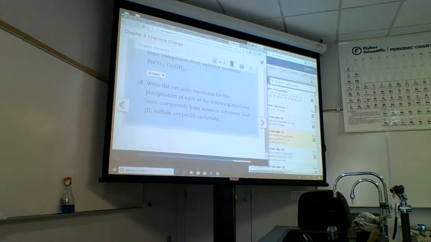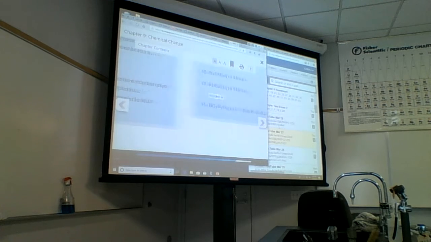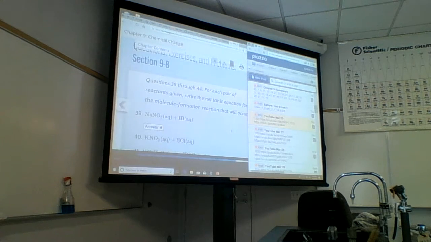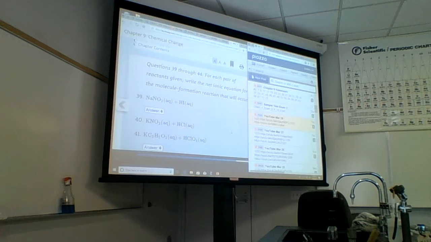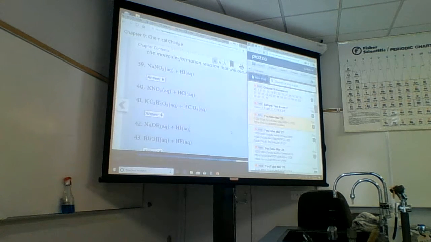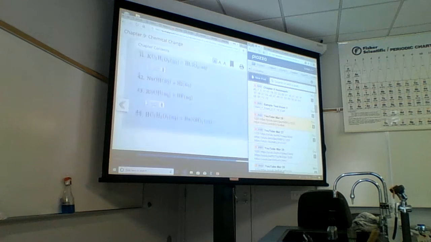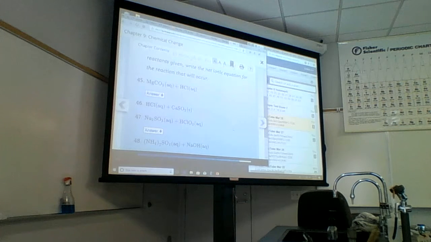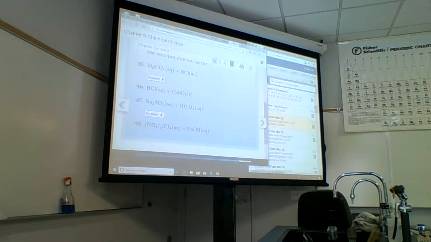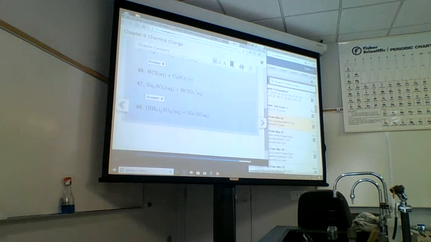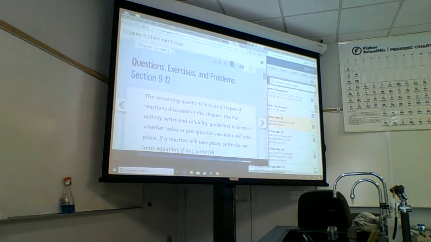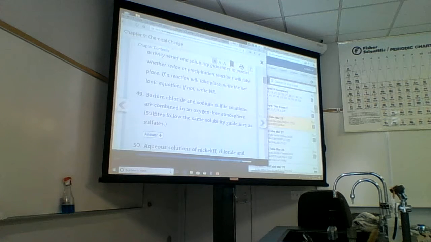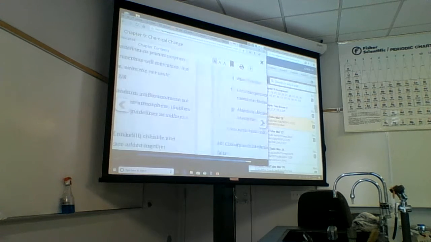Double. 39. Double. 41. 41 is metathesis also. 43 metathesis. 45. Double replacement metathesis. 47. Same. 49. Barium chloride and sodium sulfite, double replacement.